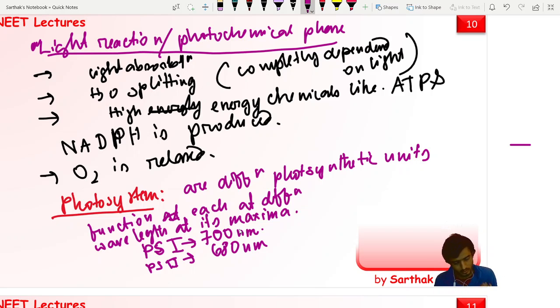Have you understood what I am trying to say? The photosystems are different photosynthetic units which operate at their maxima at different wavelengths. So these are two different types of photosystems.